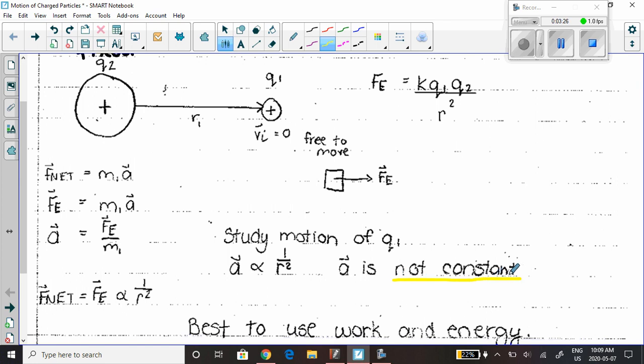It changes. As the particles get further and further away from each other, the electric force gets weaker and weaker and weaker, and that means the acceleration gets smaller and smaller. It's still being accelerated, but the rate of acceleration is smaller. It still is speeding up as it moves away.